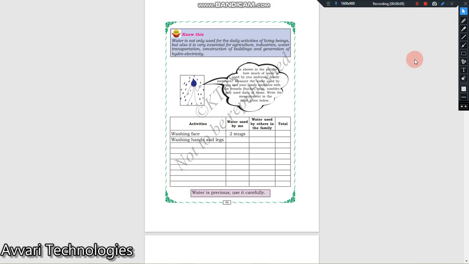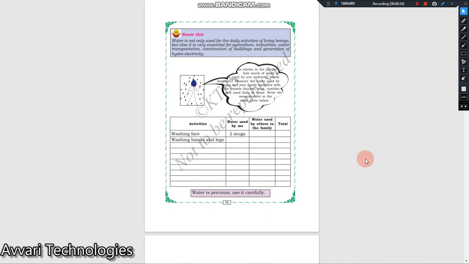You should know that water is not only used for the daily activities of living beings but also it is very essential for agriculture, industries, water transportation, construction of buildings and generation of hydroelectricity. Hydroelectricity means we use that water and make electricity. Hydro means water.